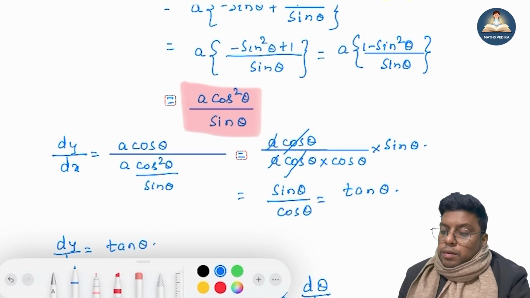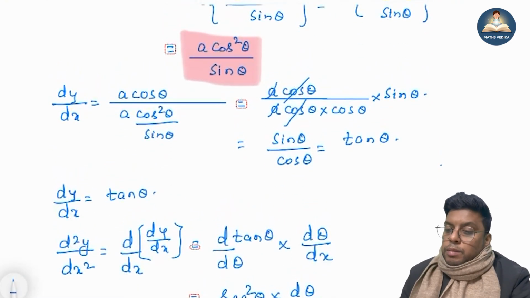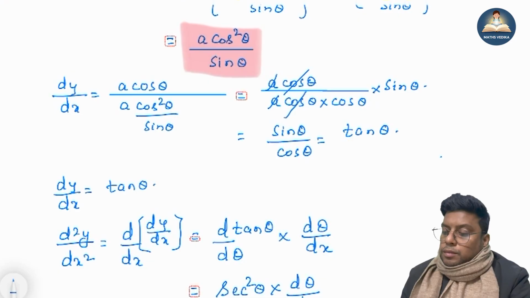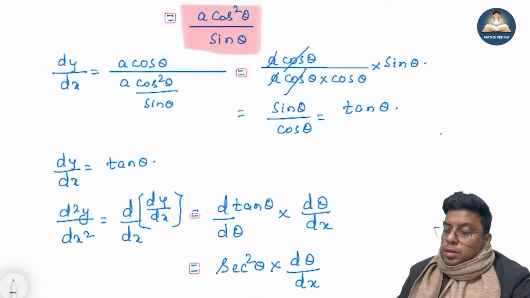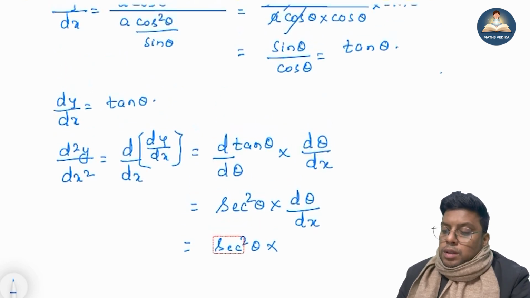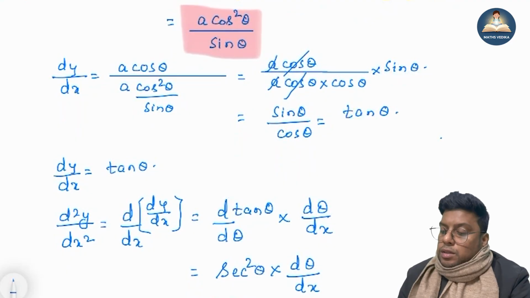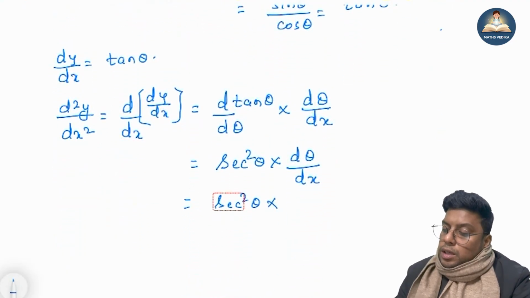So the value of d theta by dx will be the reciprocal of this value. So sec square theta into d theta by dx is equal to sin theta by a cos square theta.